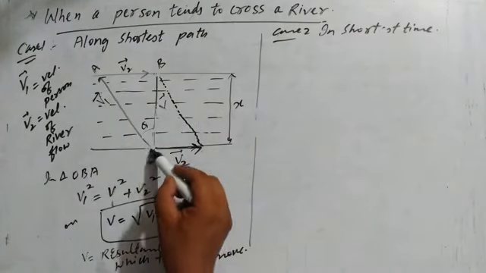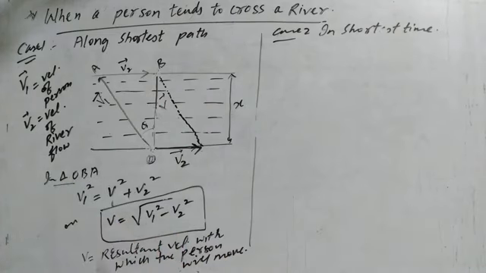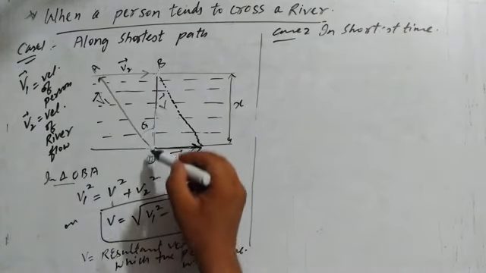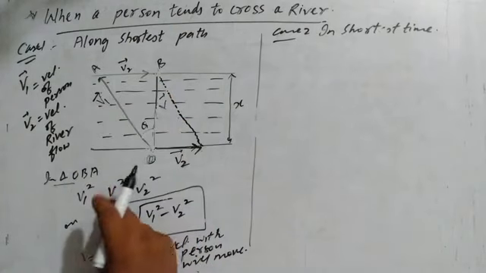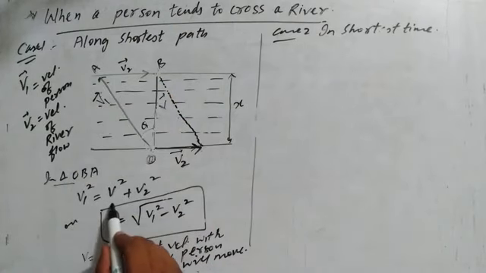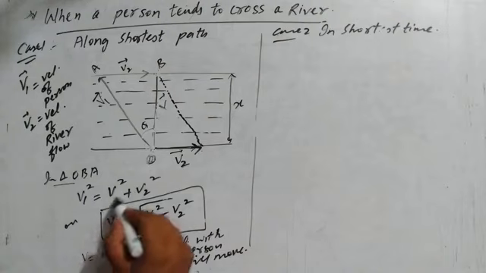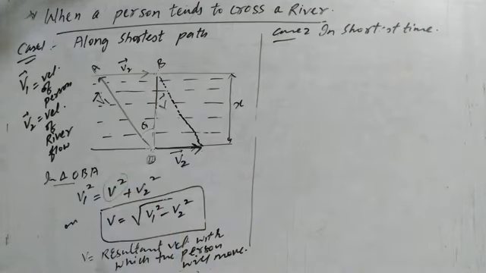So in this triangle OBA, hypotenuse square equal to base square plus perpendicular square, that is v1 square equal to v square plus v2 square, and we have to find out the value of v. So taking v2 to this side, v equal to under the root v1 square minus v2 square.